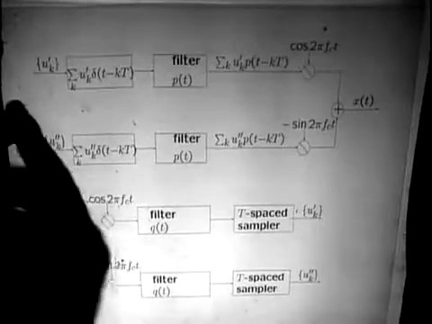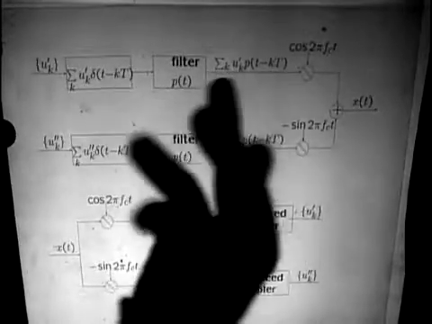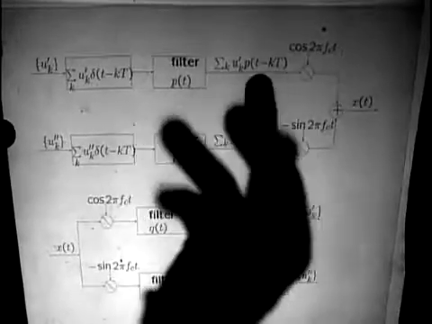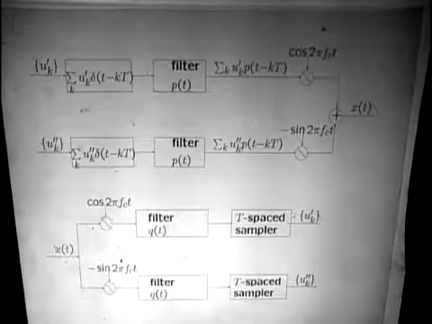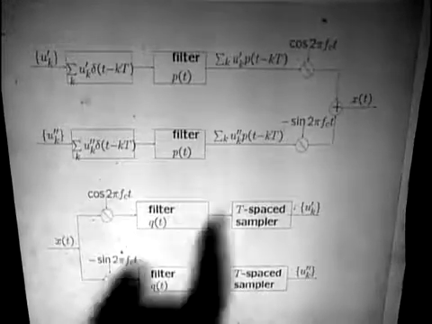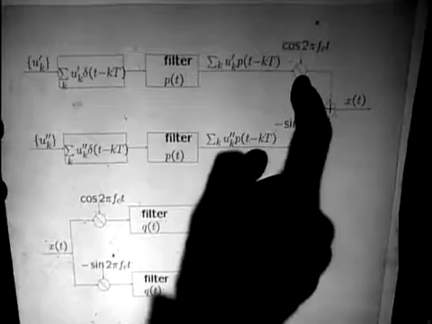Anyway, what happens here is you get this pulse train, which is just a sum of these pulses, and they all interact with each other. So at this point, we have intersymbol interference. We multiply this by a cosine wave.